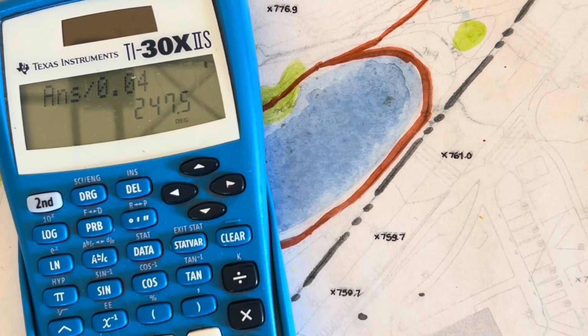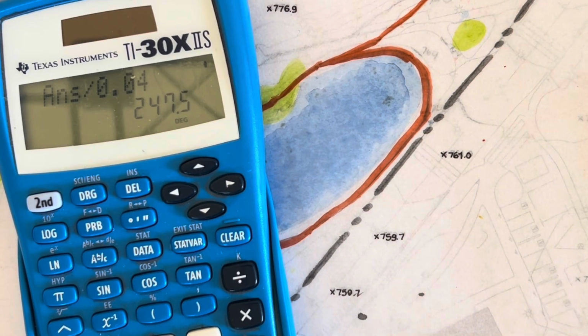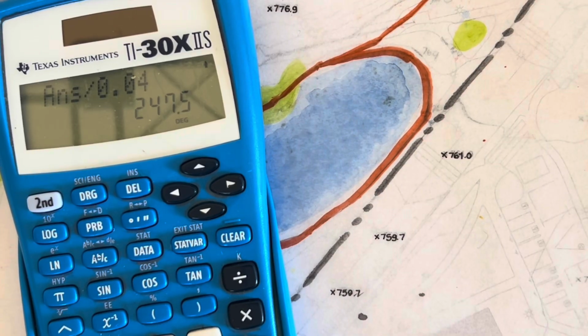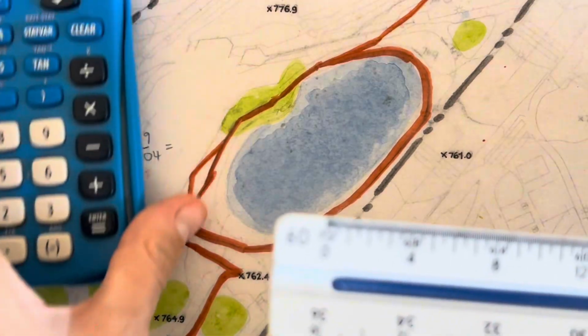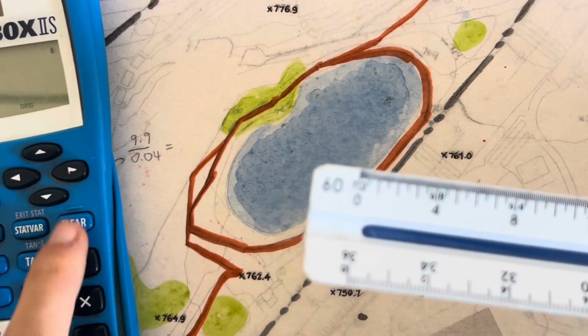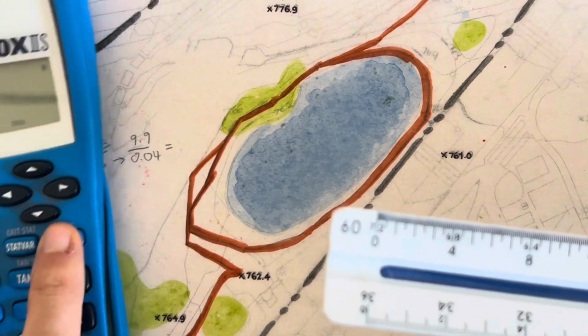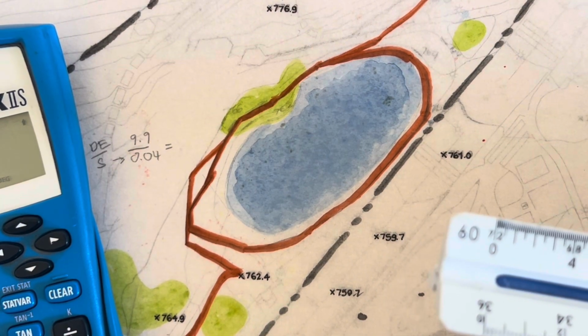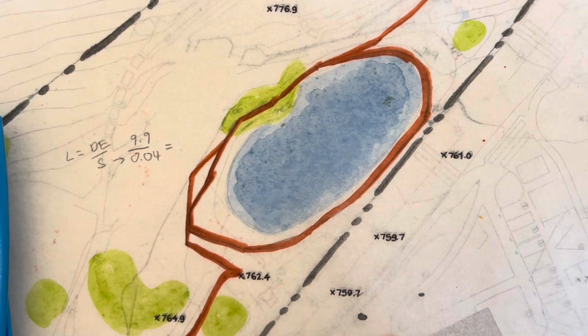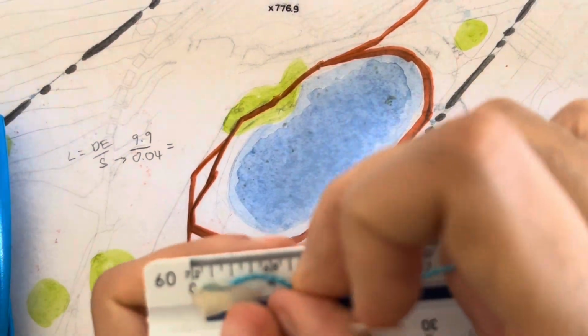So this is when you get a wire, a string, or whatever. I prefer a string. And with your scale bar, you measure that distance, 247.5 feet.